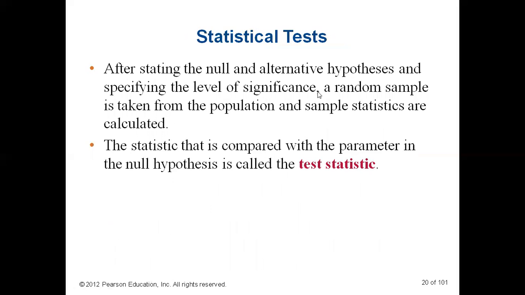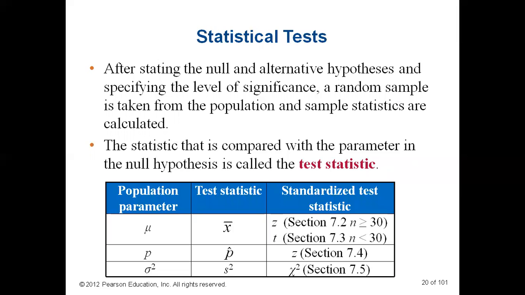First, we take a random sample from a given population. We compute the sample statistics of that sample. Then we compare that sample statistic with the parameter of the population. This comparison is called the test statistic.